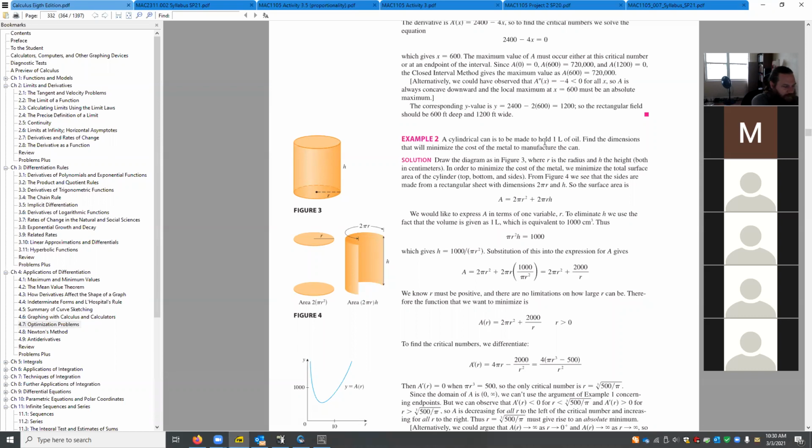Find the dimensions which minimize the material cost for the can.